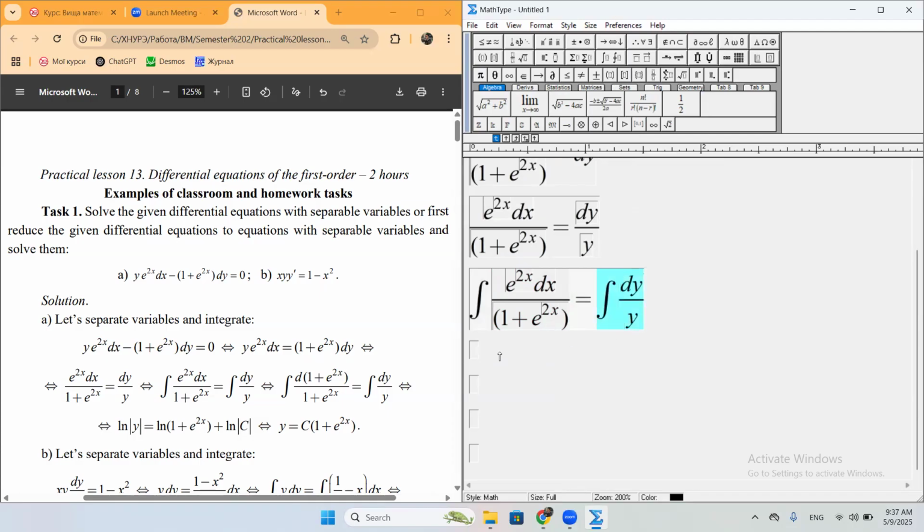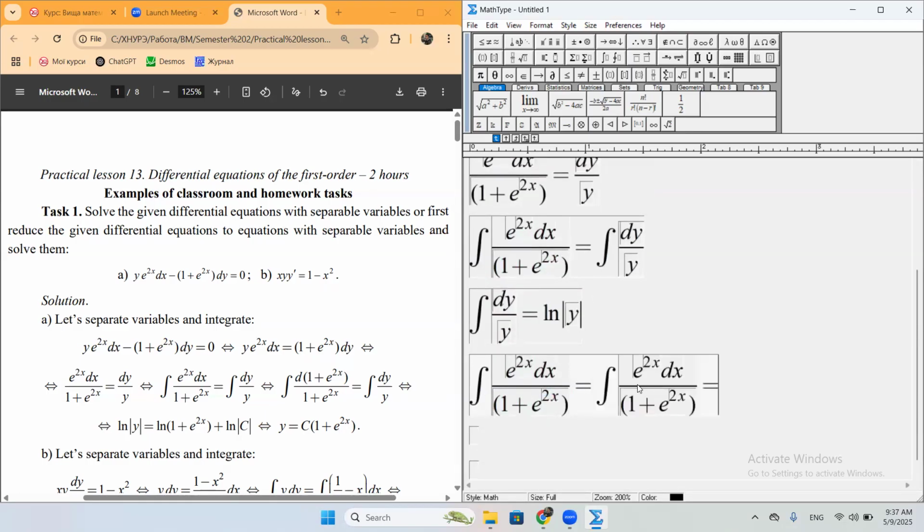So this expression will be equal to the logarithm of the modulus of y. And this integral will be equal to, so e in power of 2x is half of the differential of this expression.